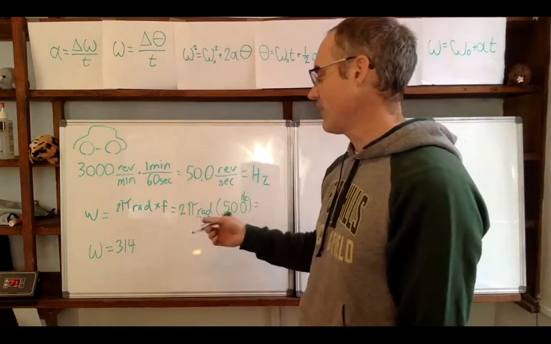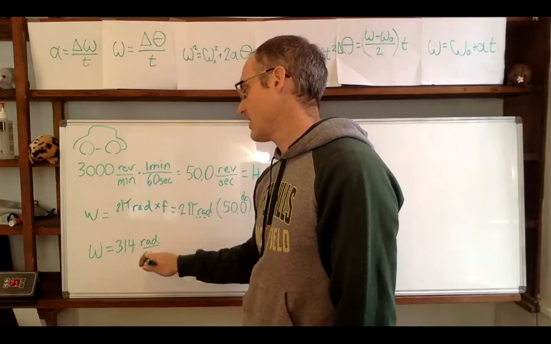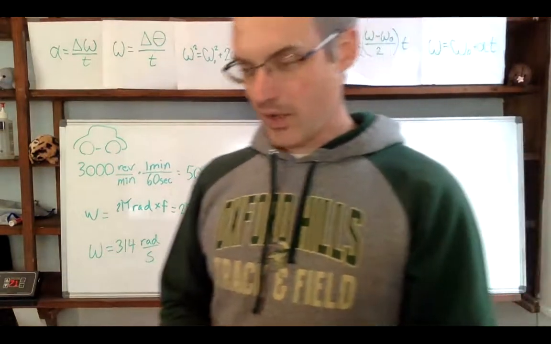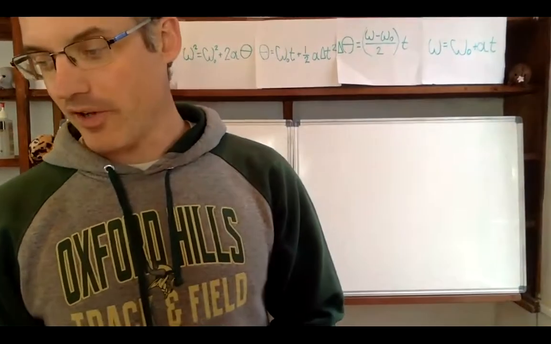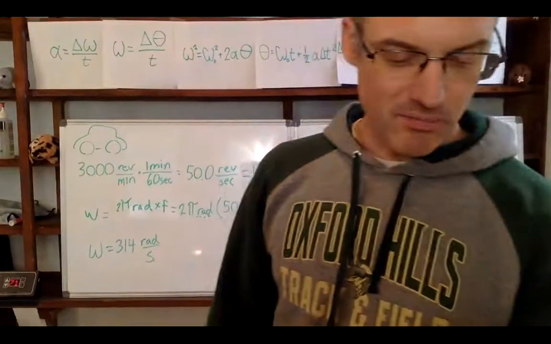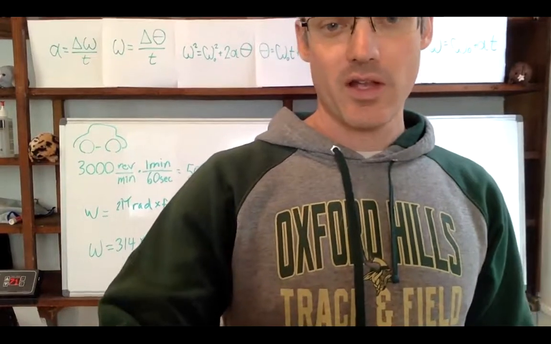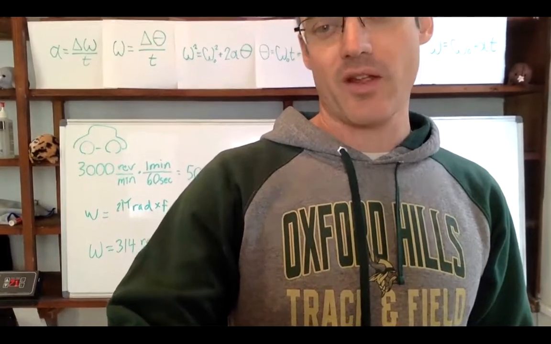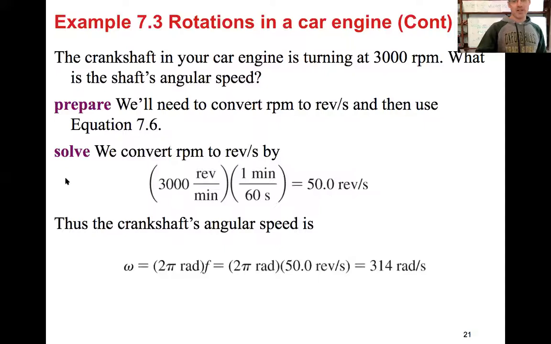It's just per second, so it's radians per second, and that's a normal unit for rotational systems. Angular velocity would be measured in that way. That's how that works. All right, so check my answer.